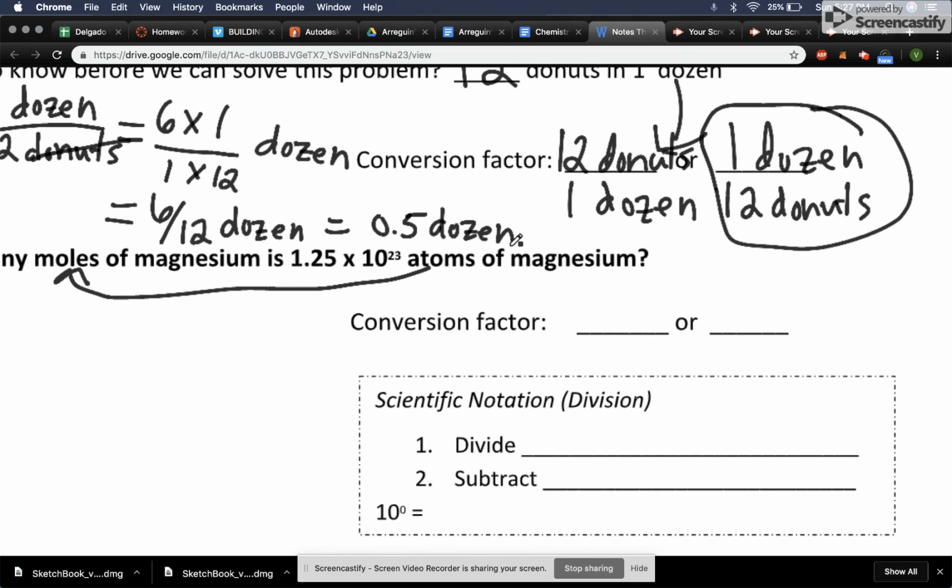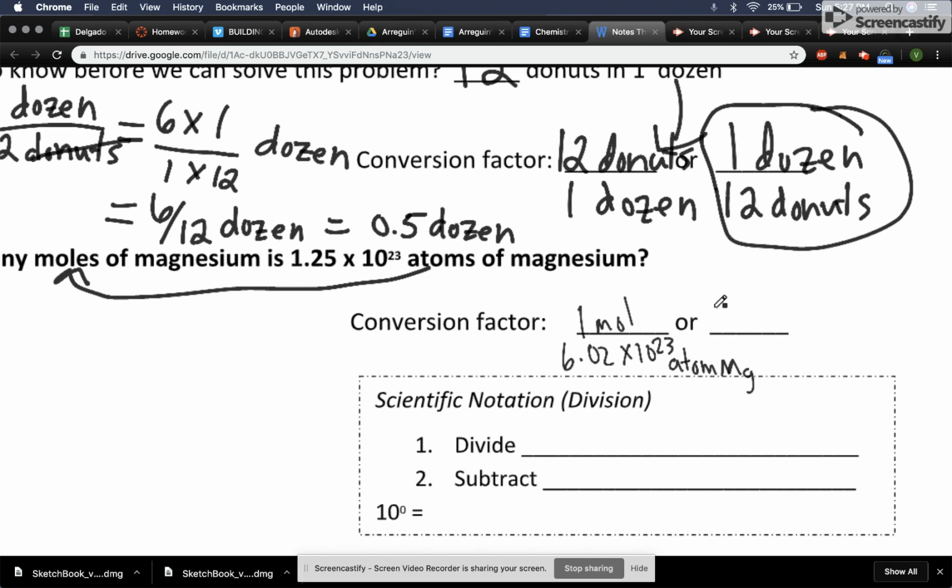From earlier, we learned that 1 mole is equivalent to 6.02 times 10 to the 23rd atoms of magnesium.